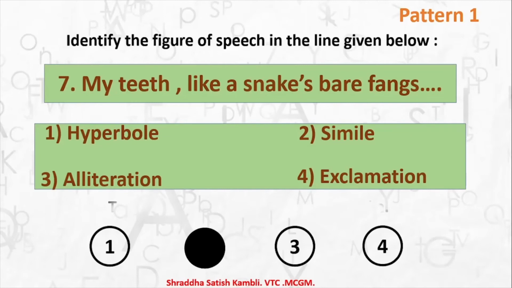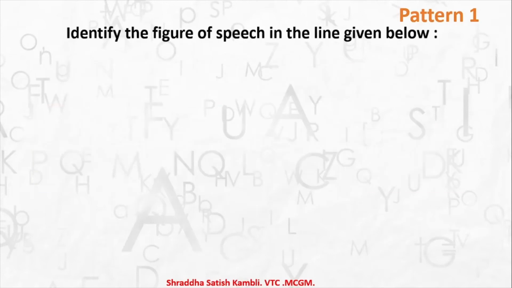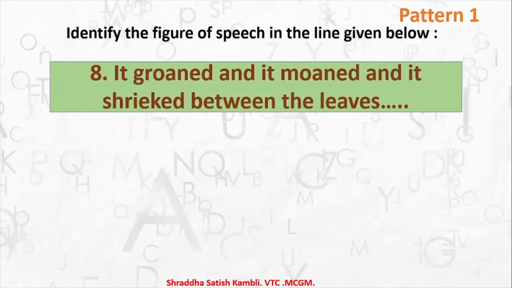Why? Because the teeth are compared to fangs of a snake. Now fangs also mean teeth of a snake, okay? The snake has got pointed teeth inside its mouth, and sometimes if it is a poisonous snake, it has got poison fangs also. So teeth are compared to fangs of a snake. Moving on to the next example, question number 8.